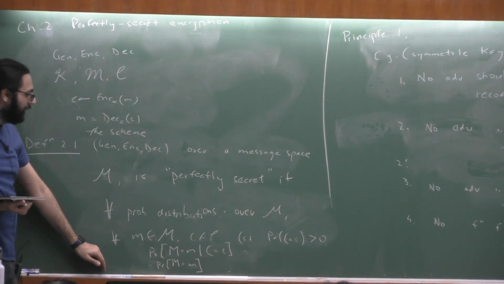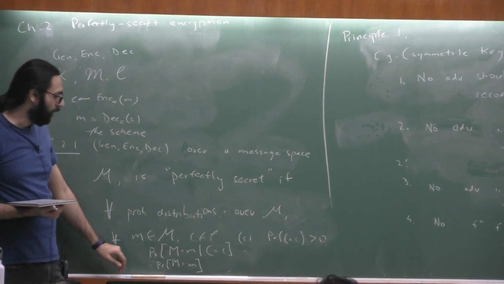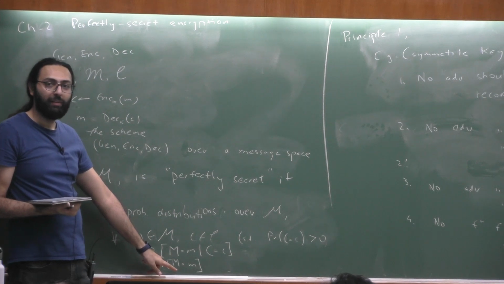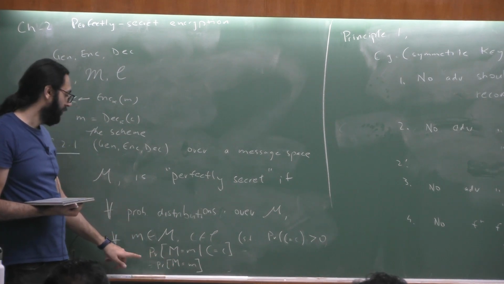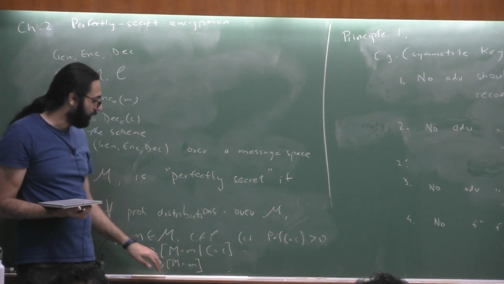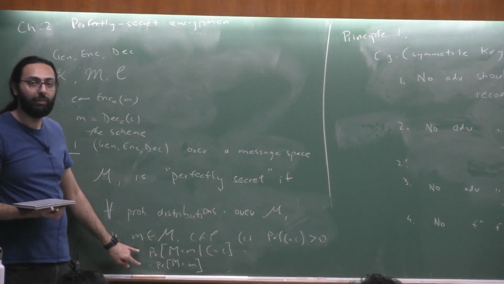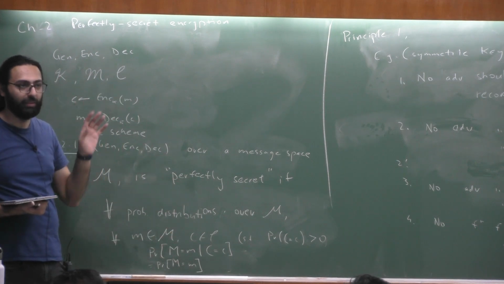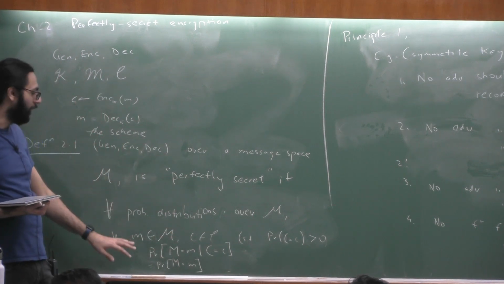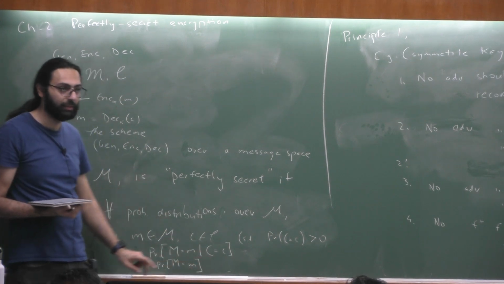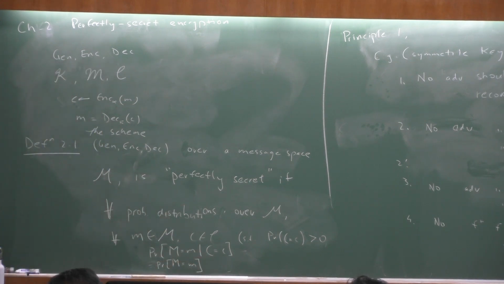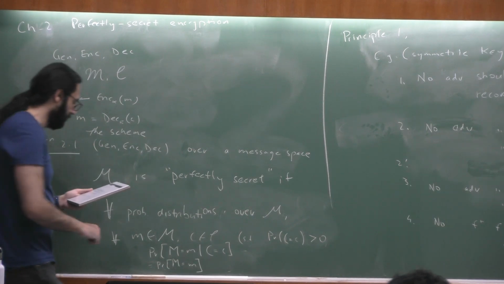It's saying that regardless of what prior distribution you had on the message space, knowing the ciphertext does not change your distribution. So it formally captures the idea that you're not learning anything at all from the ciphertext, because it's not changing your information about the messages.